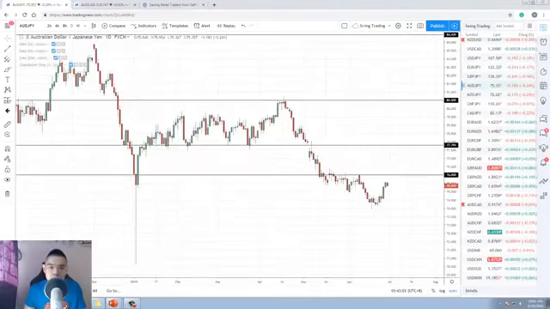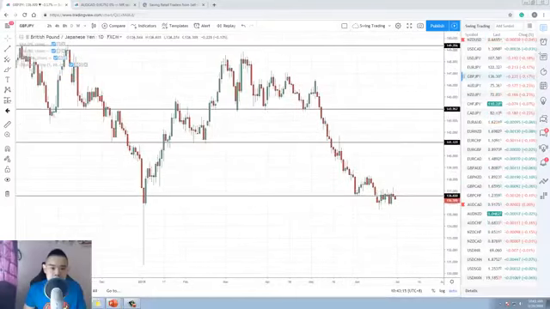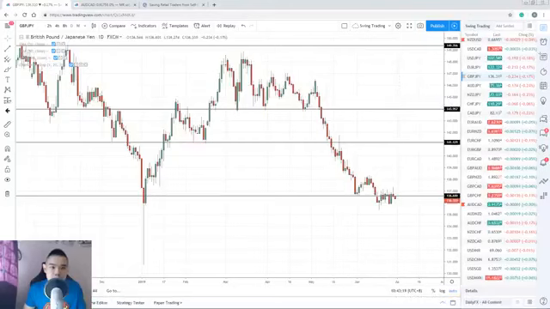Retracement move. Let's see if I can find it. Here. Okay, so you can see that on the pound yen, this is a retracement move. We have this trending move lower, a retracement move, a trending move, a retracement move.